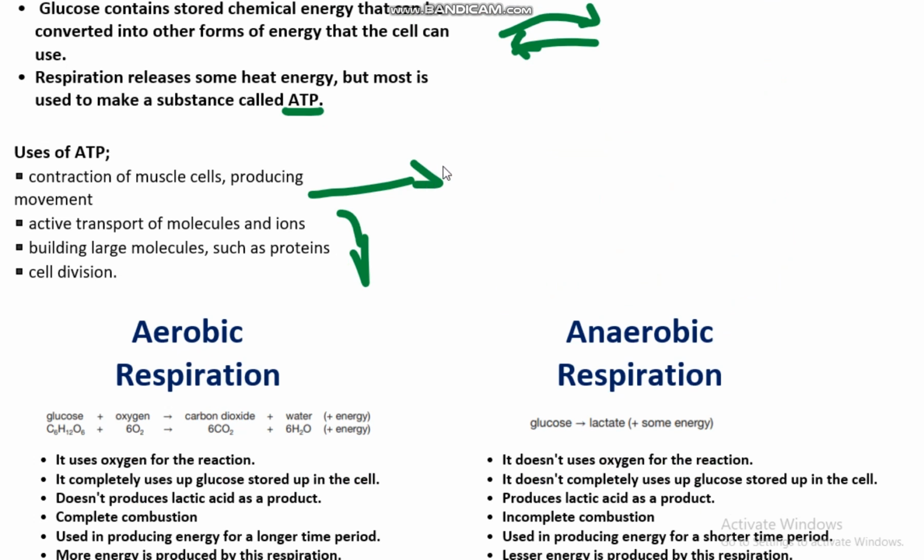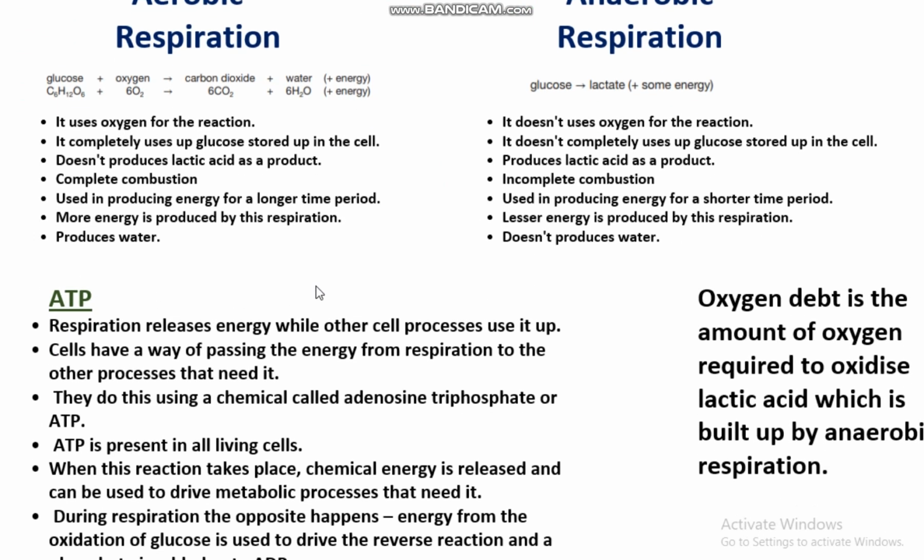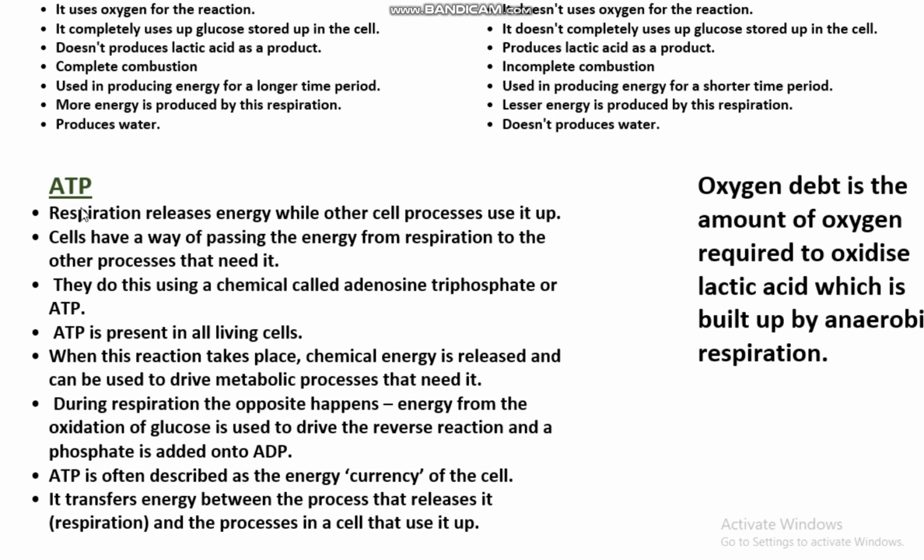This energy is required to contract the muscle cells and produce movement, and cell division also requires it, through meiosis and mitosis, which I will discuss after some videos. Active transport of molecules and ions I will discuss in the next video, and building large molecules such as protein is discussed at the end of the book. Until then, we will talk about ATP, adenosine triphosphate.